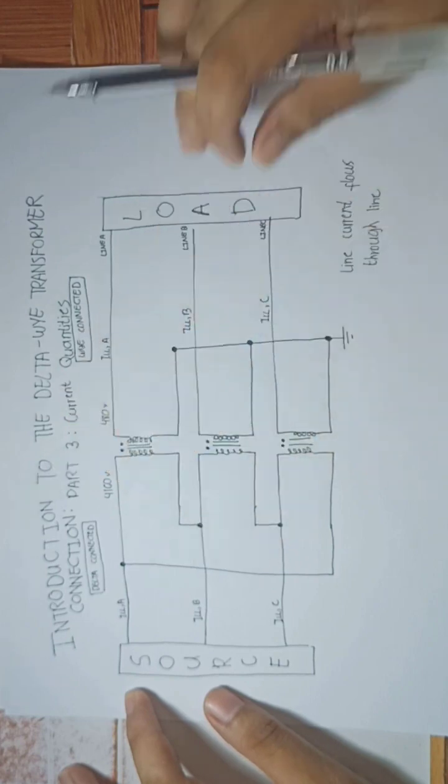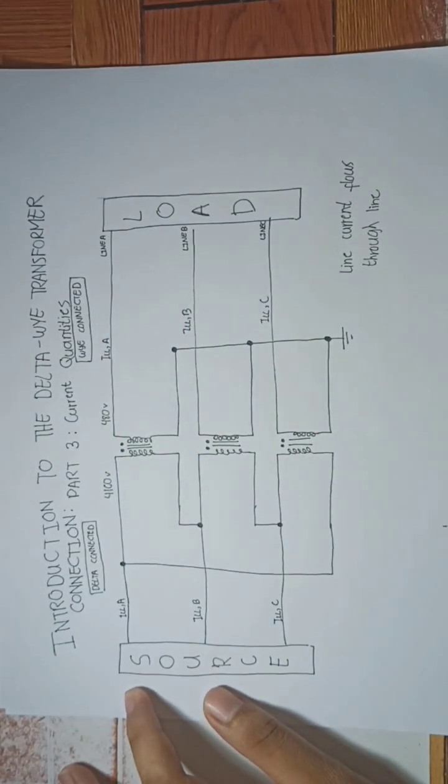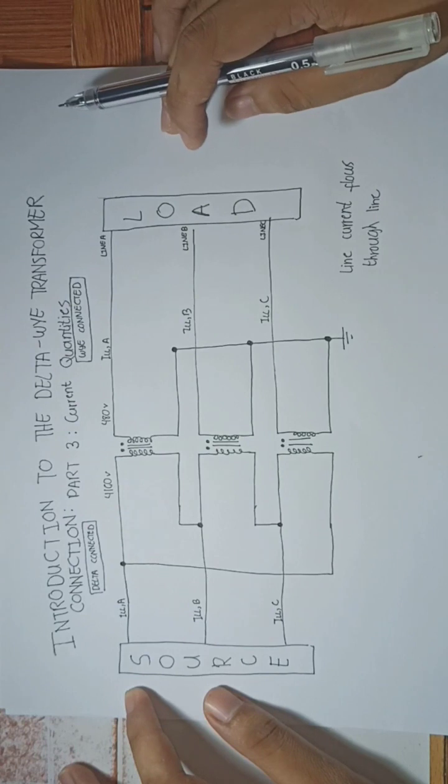So now let's talk about phase current. We understand that phase current flows through transformer windings.